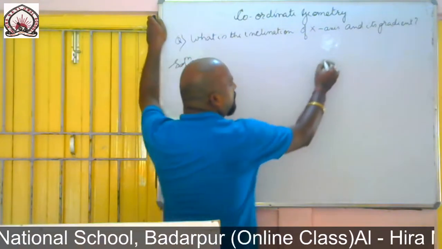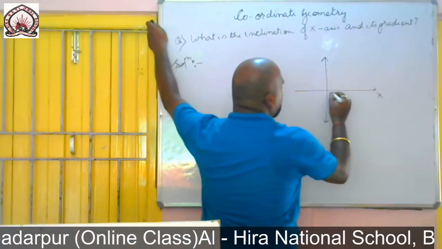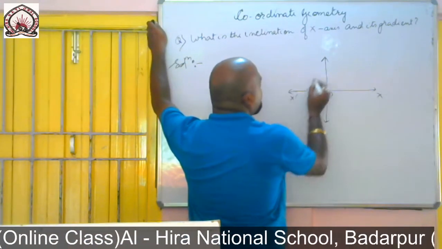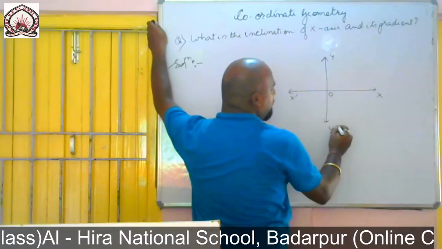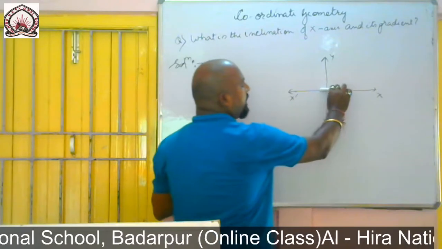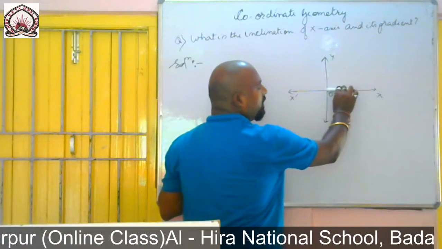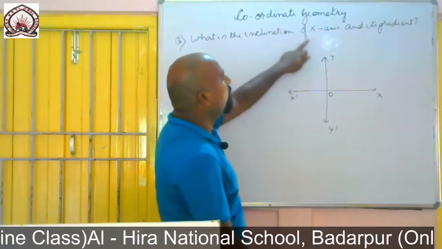Now let us consider this is X O X dash and this is Y O Y dash. What is the inclination of the x-axis?